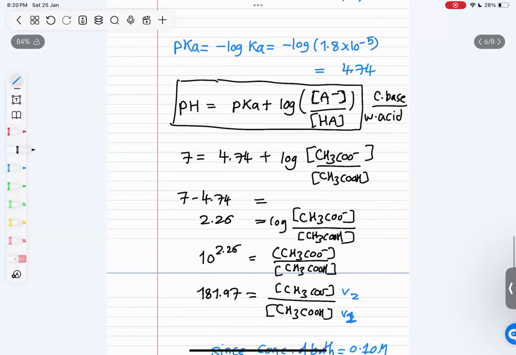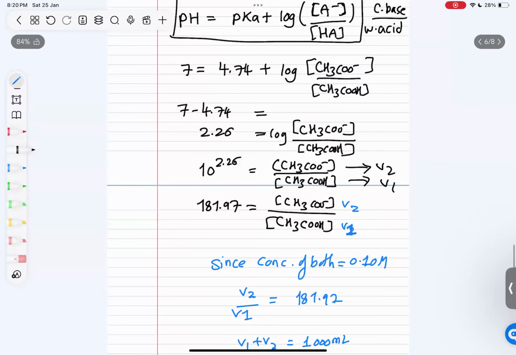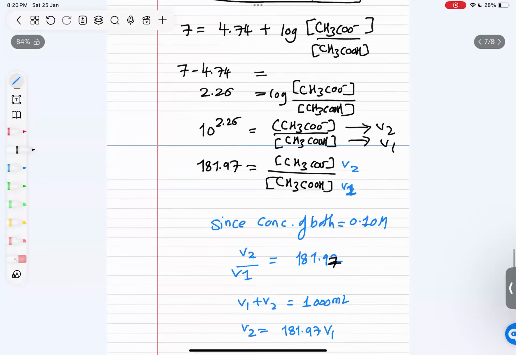We'll say that this volume is volume 2 and this is volume 1. Since the concentration is the same, the ratio is the same for the volumes. So since the concentration of both is equal to 0.1, V2 over V1 equals 181.97.